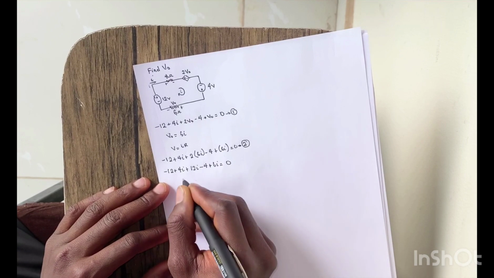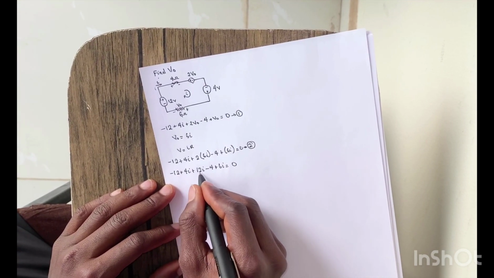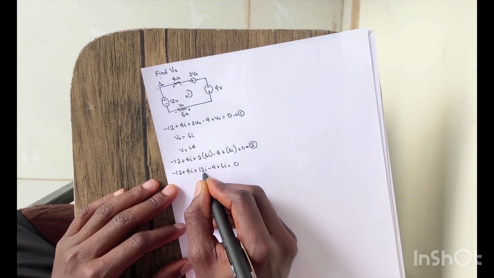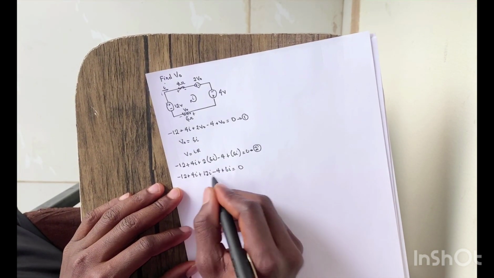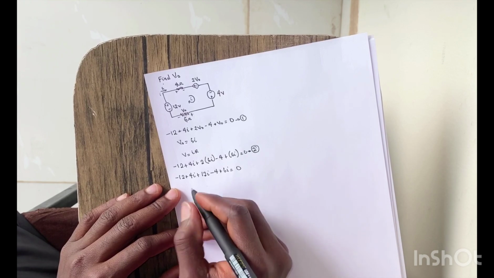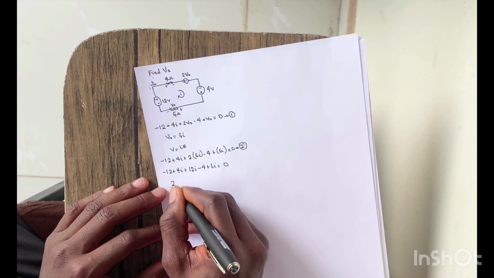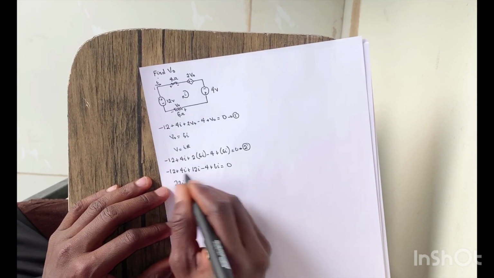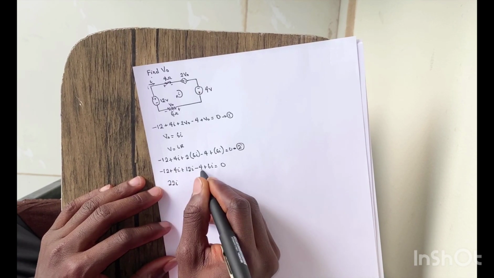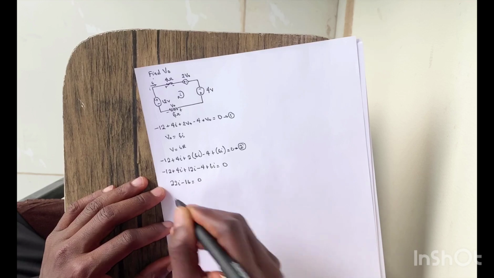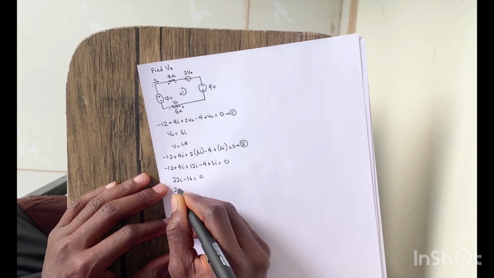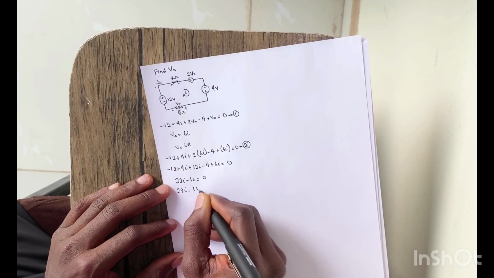We further simplify. 4I plus 12I gives us 16I, and 16I plus 6I gives us 22I. Our constants, minus 12 minus 4, give us minus 16. Everything equals 0, so 22I equals 16.